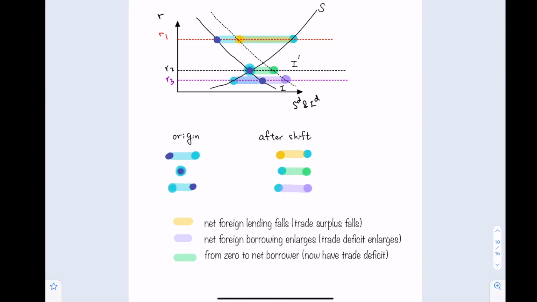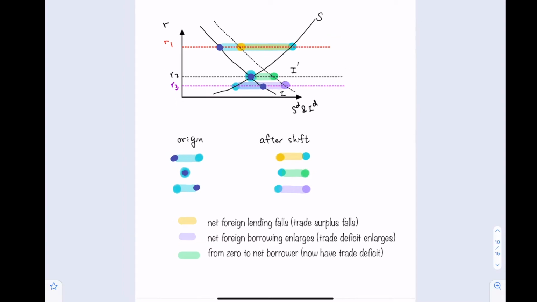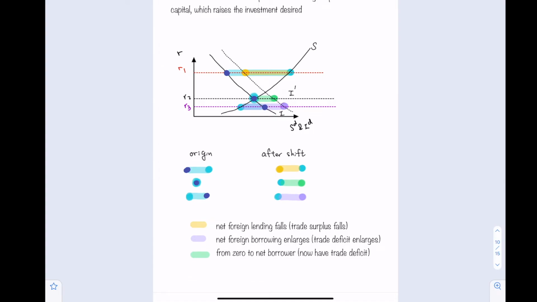Finally, for an economy that used to have zero trade balance and zero lending and borrowing positions, it will move from zero to net borrowing, which means that they used to have a zero balance, and now they have a trade deficit. And that's the impact of an increase in the investment desire for a small open economy.